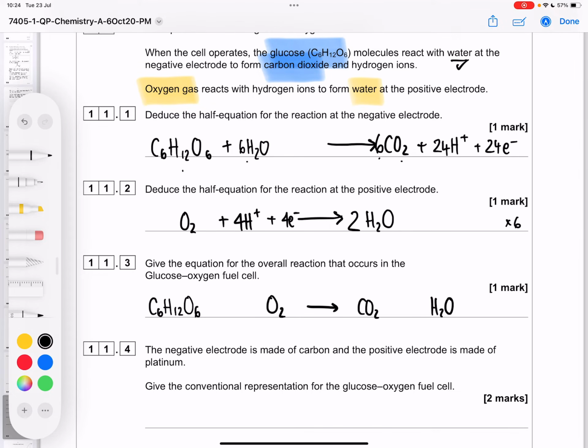So you may want to just do it as a normal combustion equation rather than multiplying and then cancelling out all the waters and hydrogen ions, because when you multiply by 6, all the hydrogen ions will cancel as well as all the electrons, and you will end up cancelling some of the waters as well. Whereas if you balance it like a normal combustion, you will get the same equation, just a different way.